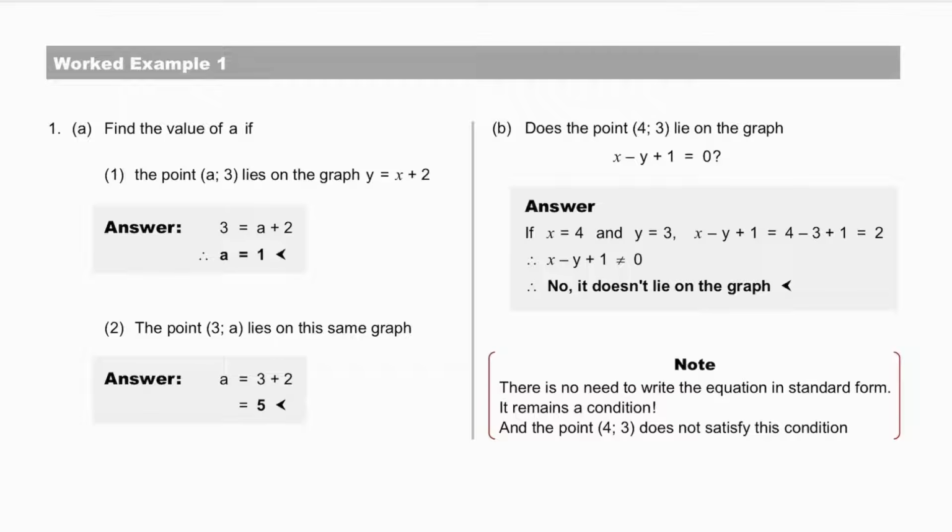Well, for x equals 4 and y equals 3, the value of x minus y plus 1 equals 2 and not 0. Therefore, no, it doesn't lie on the graph. Note, there's no need to rewrite this equation in standard form. It remains a condition, and the point (4, 3) does not satisfy this condition.